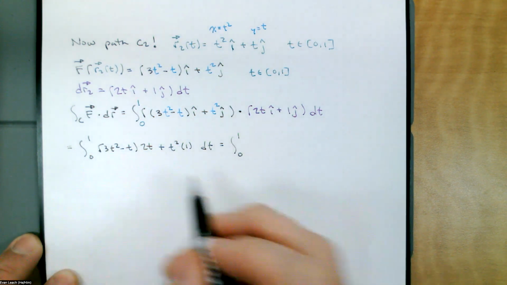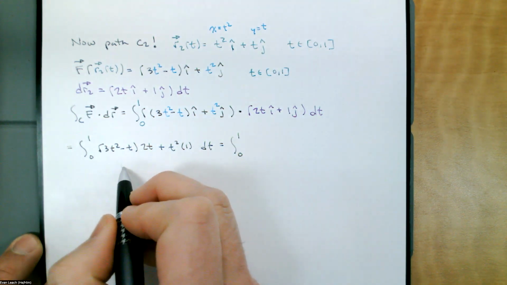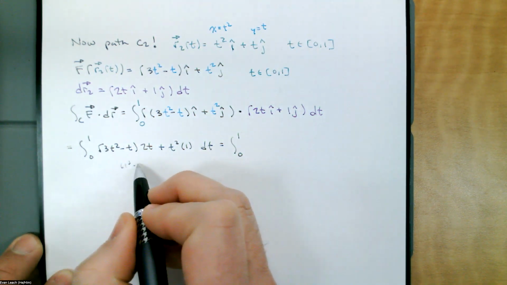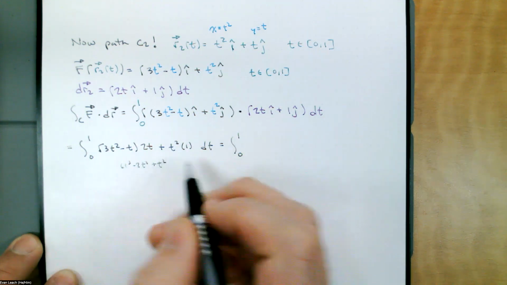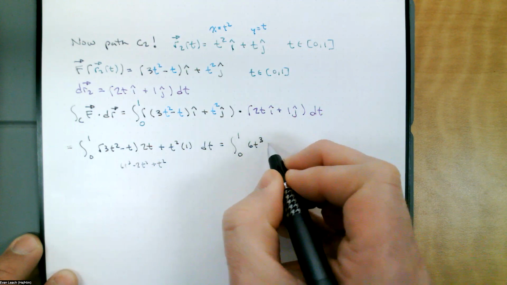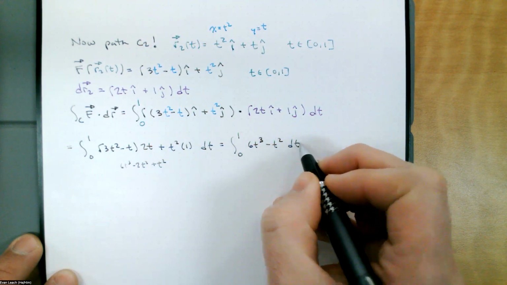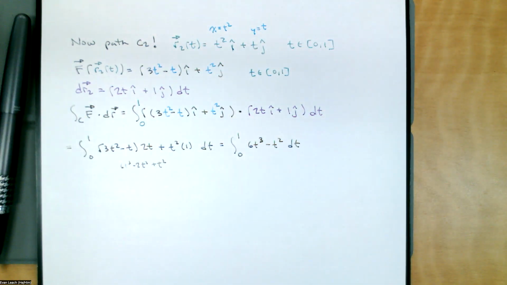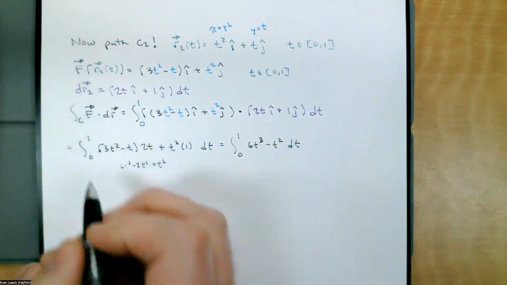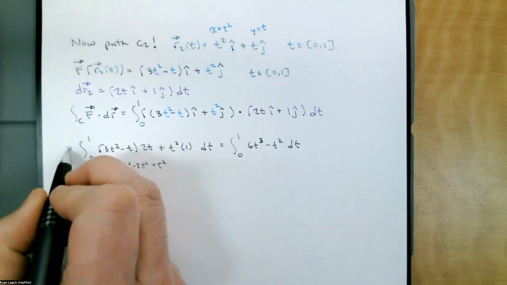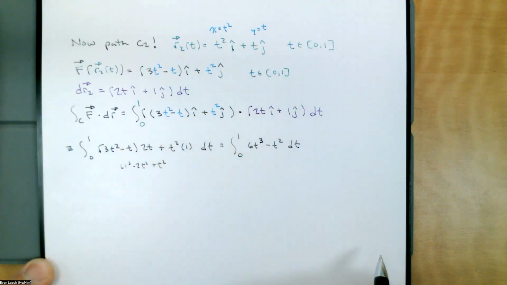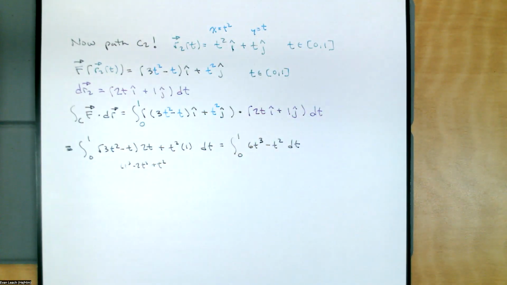So we get algebra: 6t cubed minus 2t squared plus t squared. So 6t cubed minus t squared. Now we can integrate.